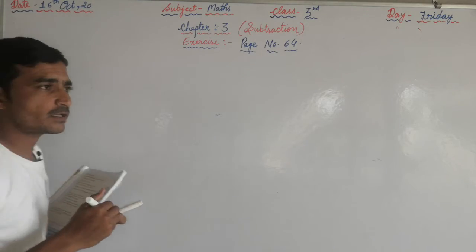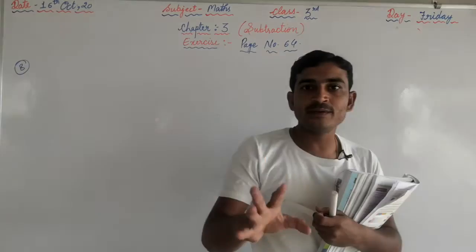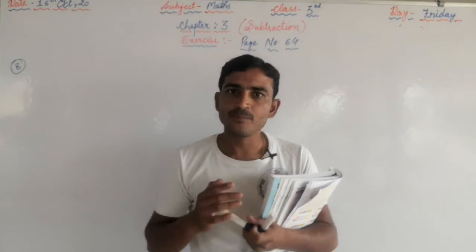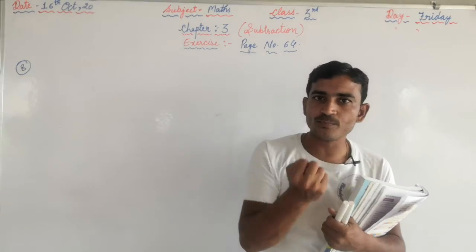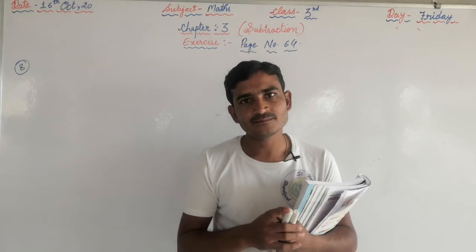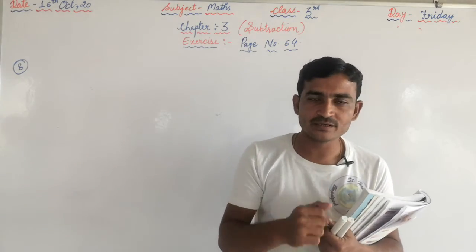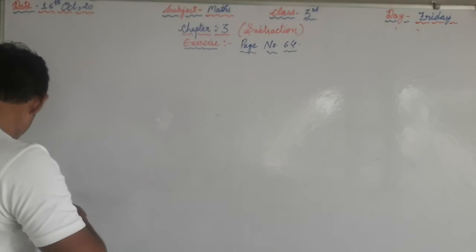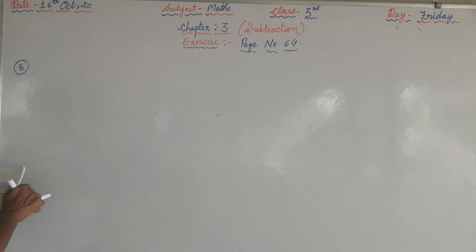Suppose you have 10 rupees in your piggy bank, and you have to withdraw 2 rupees from it. How much money is left in the piggy bank? Obviously 8 rupees. Now the same type of question is this. Question number 8.